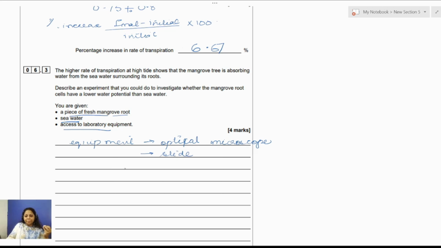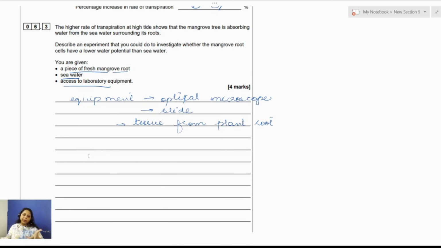Tissues from this root, from the plant root. Okay, now first of all you need to describe how you will place these tissues, and how you are going to check the effect of the seawater, whether osmosis has taken place or not. Okay, how will you say that?